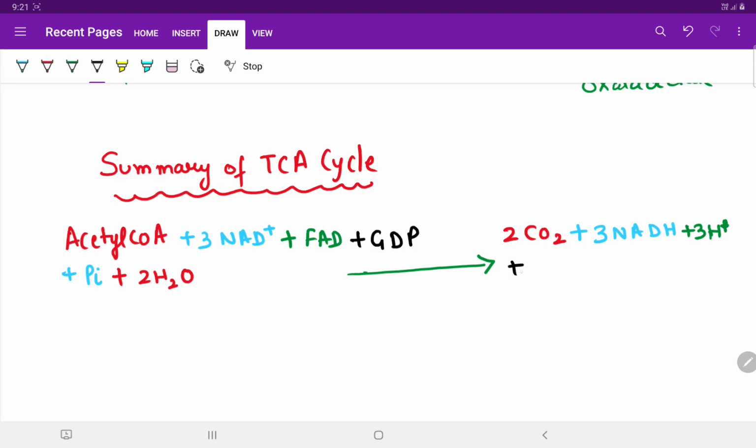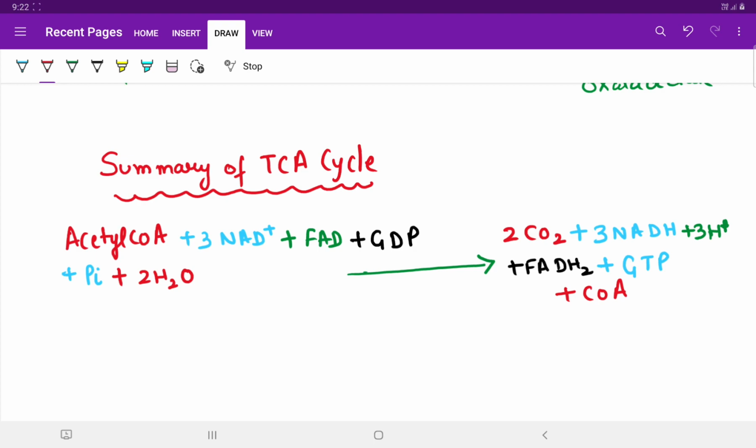Also 1 FADH2 molecule, one GTP molecule, and ultimately one coenzyme A. So this is the summary for TCA cycle.